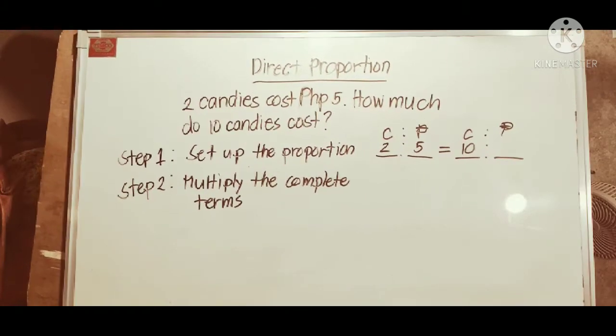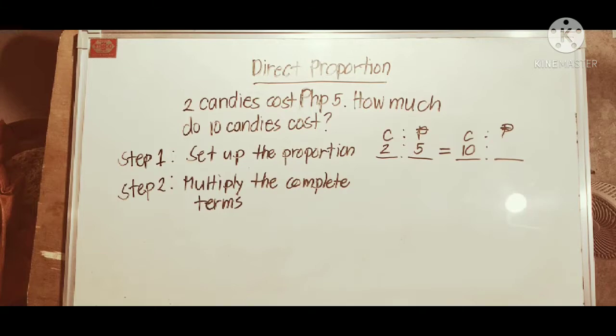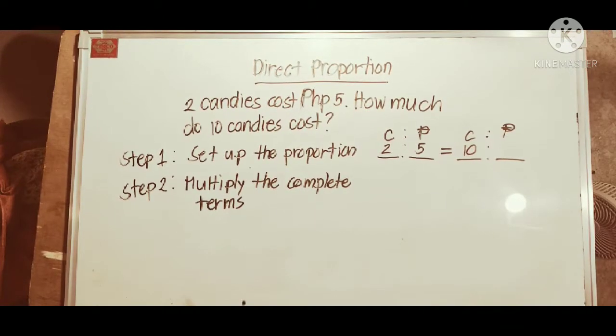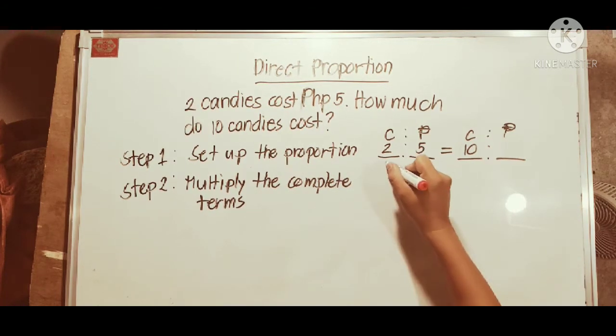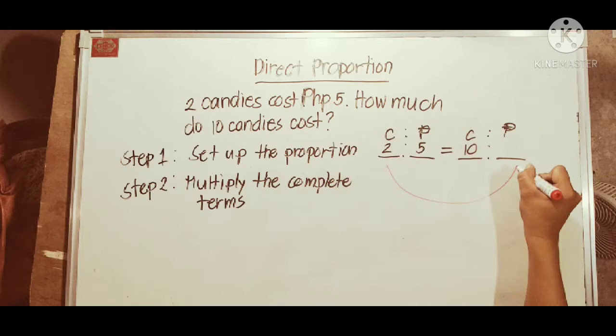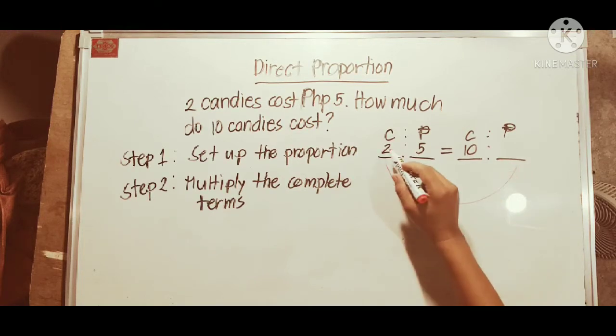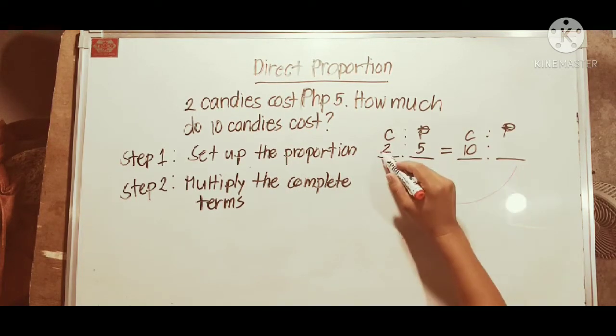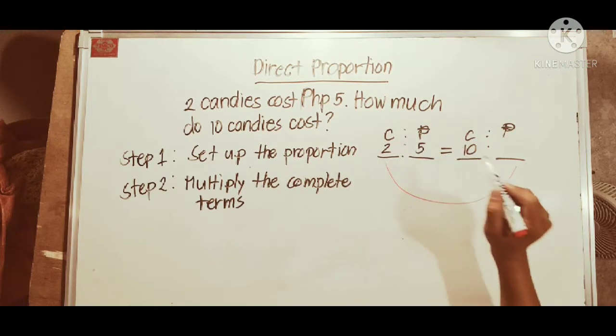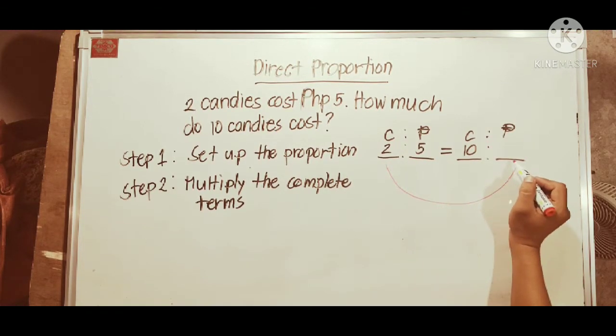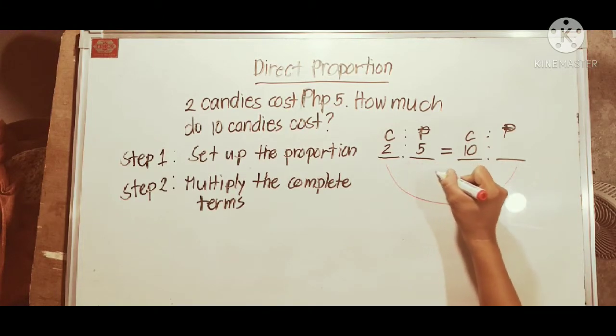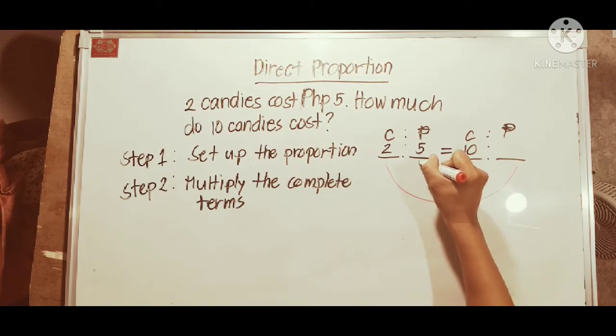When solving direct proportion problems, we form the big smile connecting the first term of the first ratio and the second term of the second ratio. Then the small smile connects the second term of the first ratio and the first term of the second ratio.